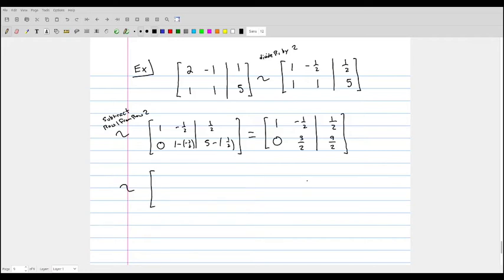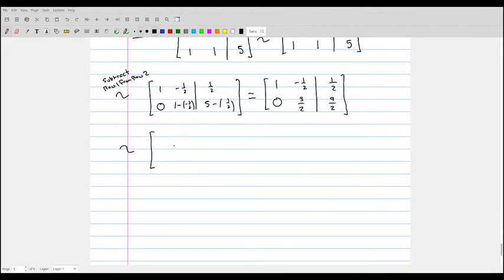The next thing we can do is multiply row 2 by 2/3, which will give us 0, 1, and 2/3 times 9 halves is just 9/3.